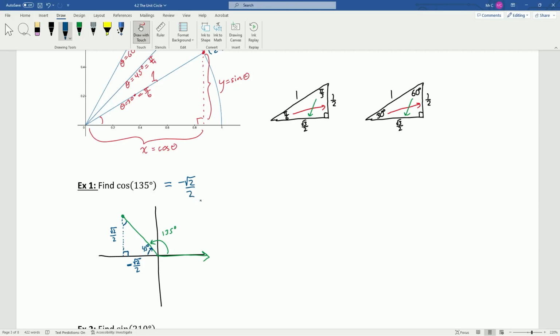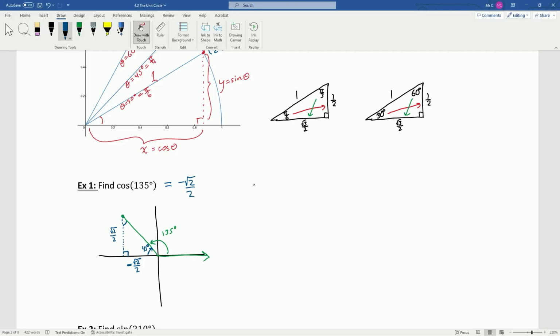All I had to know to answer this question was that across from 45 degrees was the square root of 2 over 2. And of course, I also need to be able to draw my angles. As long as I can draw my angles and I know those three basic sets of values, 30, 45, and 60 degrees, or pi over 6, pi over 4, and pi over 3, then we're good.